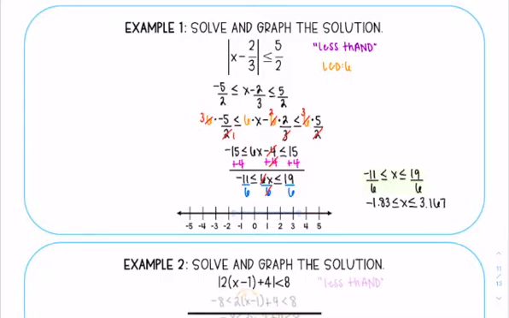We're just putting that down so we can actually plot the values. So we're going to have a closed dot at negative 1.83, which is going to be really close to negative 2, but not quite. And we're going to have a closed dot a little bit past 3. Because our x is in between those two values, that is where we are going to shade.